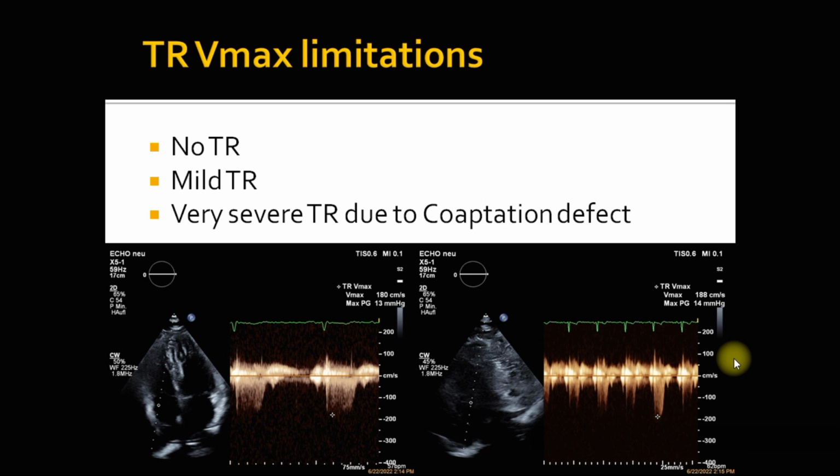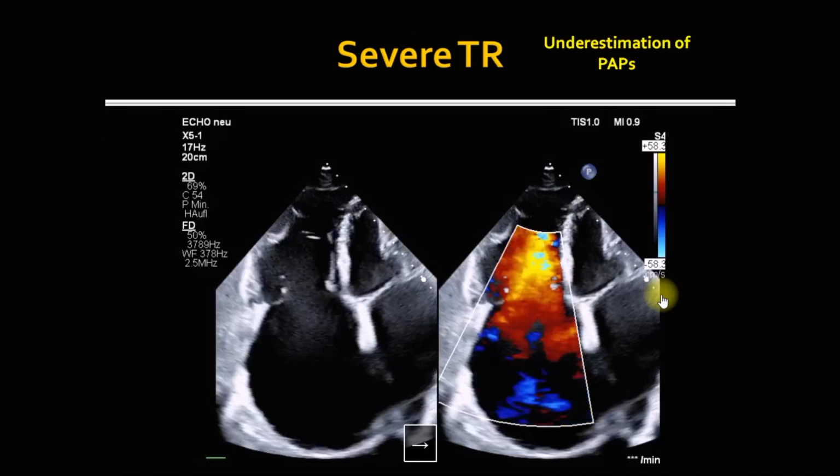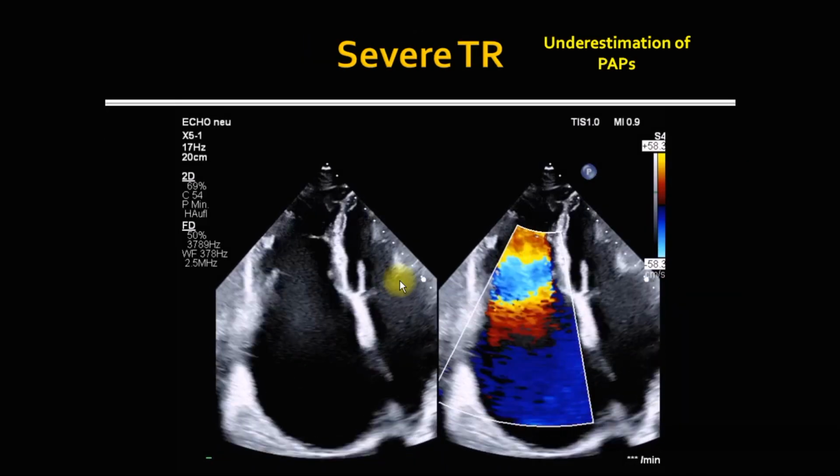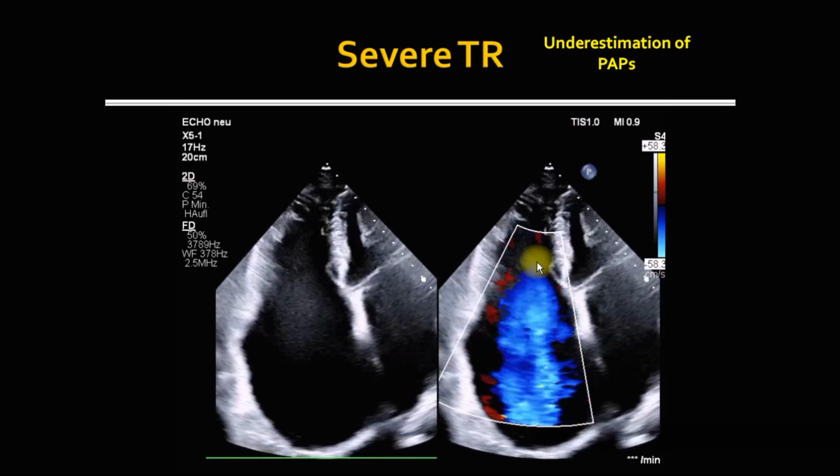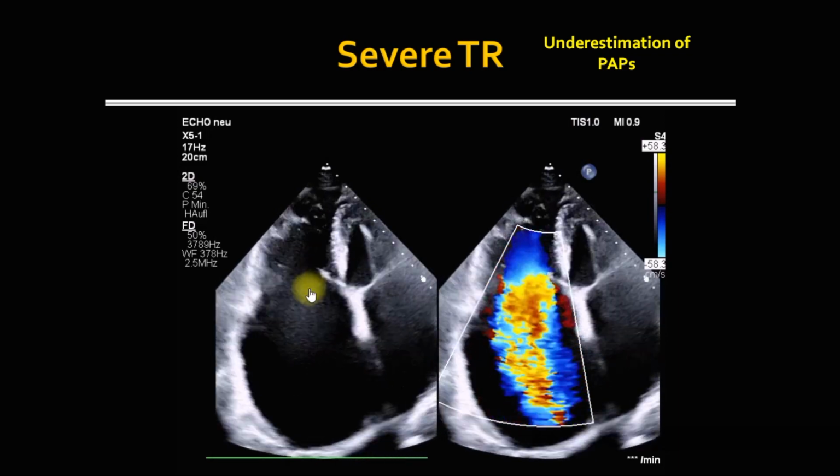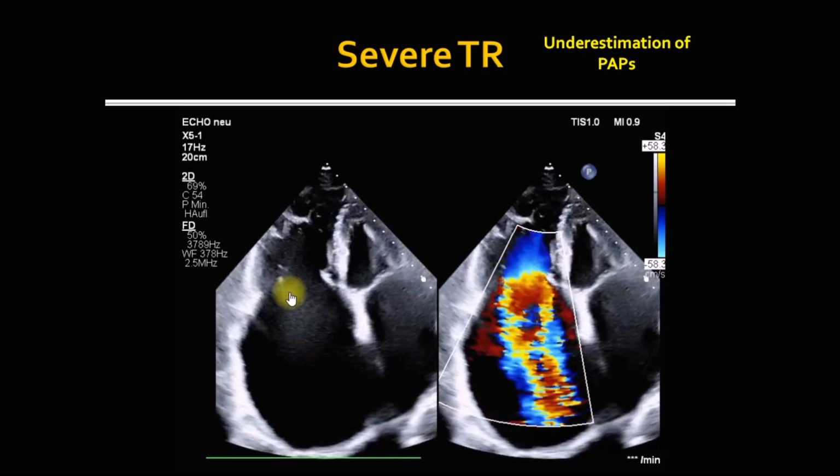A third limitation is if the patient has a very severe tricuspid regurgitation due to a coaptation defect. Like this patient, who has a massive tricuspid regurgitation. Here we can see a coaptation defect. The tricuspid valve does not close.